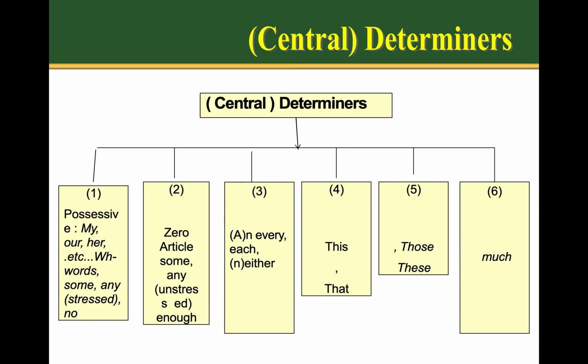The third one: a, an, every, each, neither, either. And the fourth one, this, that. The fifth one, those, these. And the last one is much.